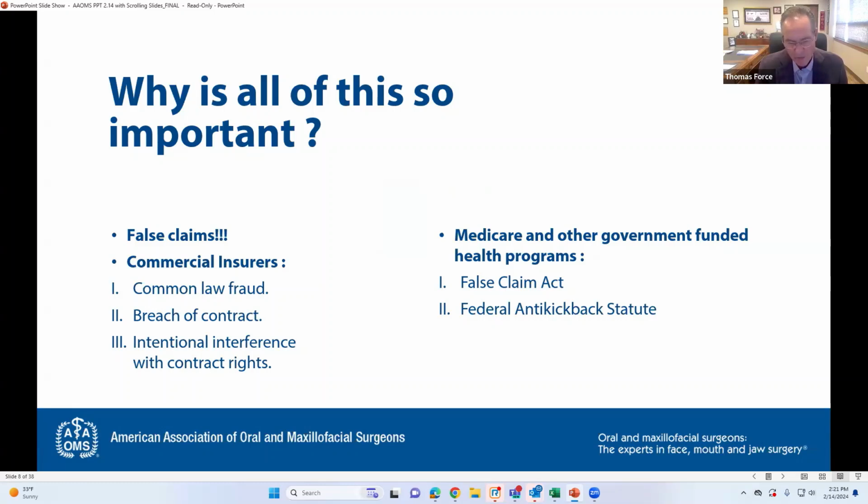So if they paid a provider $2 million over the course of the last several years, they can recoup that money. So it's become a big money-making revenue scheme for the carriers to look for fee forgiveness so that they can retroactively deny claims that they've already paid, take back that money, and not pay future claims.